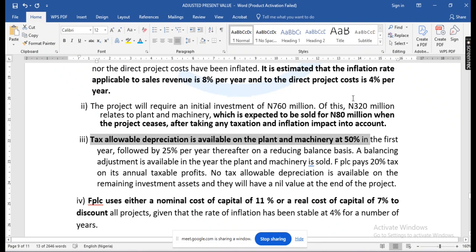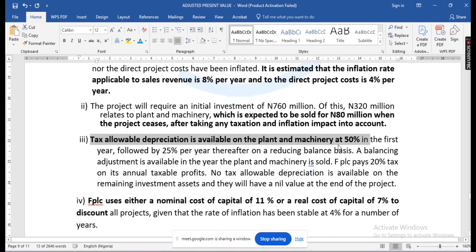Don't forget, out of 760, 320 is plant and machinery. And this plant and machinery will be sold at 80 million. That is why we say sales proceed at the end of the year. Tax allowable depreciation means that you have to do capital allowance on it.